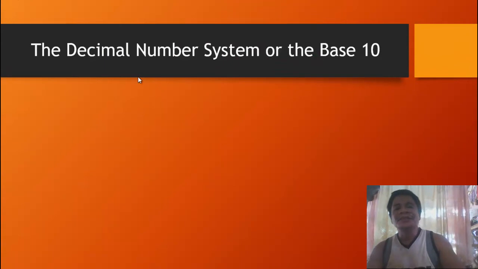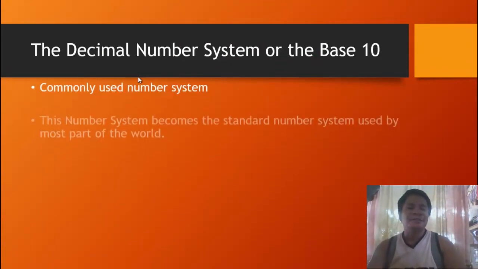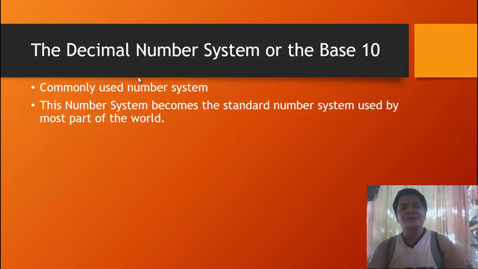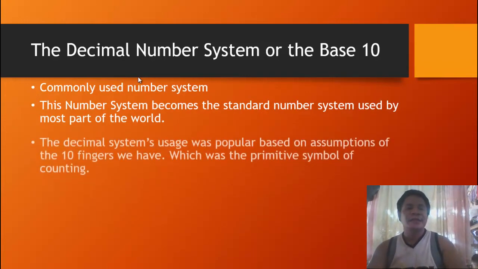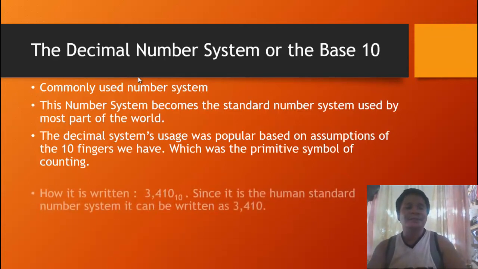The decimal number system, or base 10, is the commonly used number system. This number system has become the standard number system used by most parts of the world. The decimal system's usage was popular based on assumptions of the 10 fingers we have, which was the primitive symbol of counting.